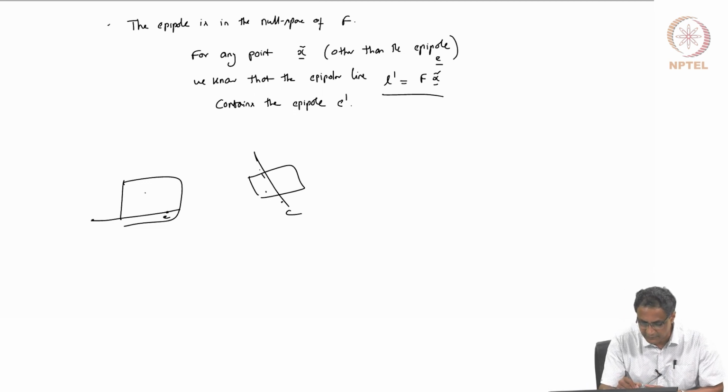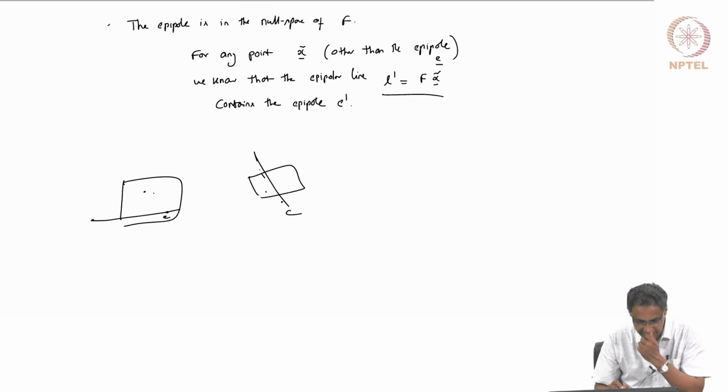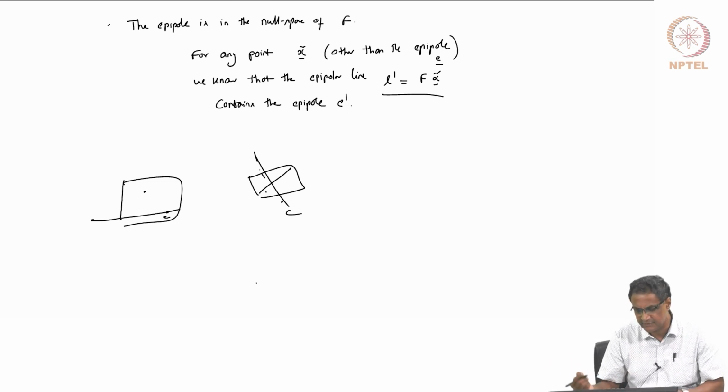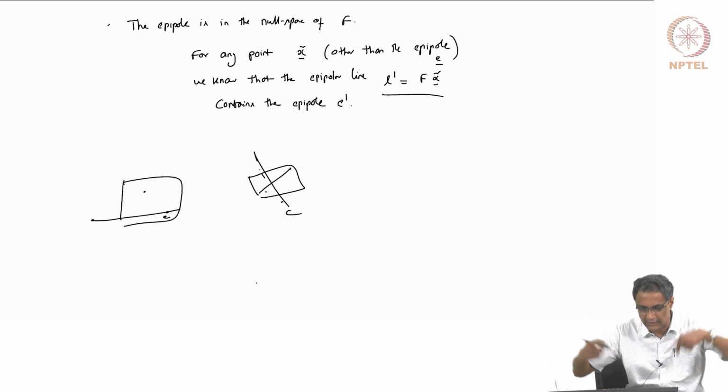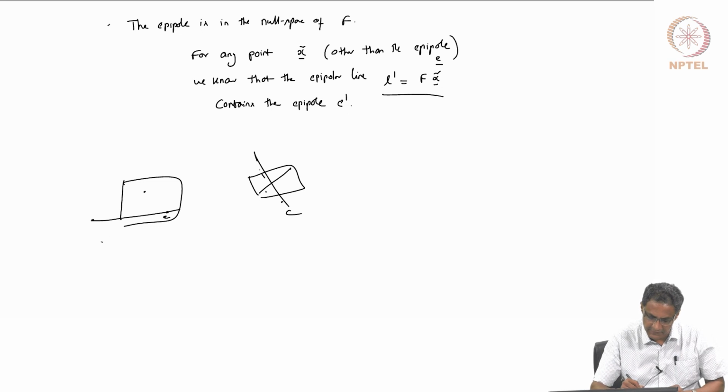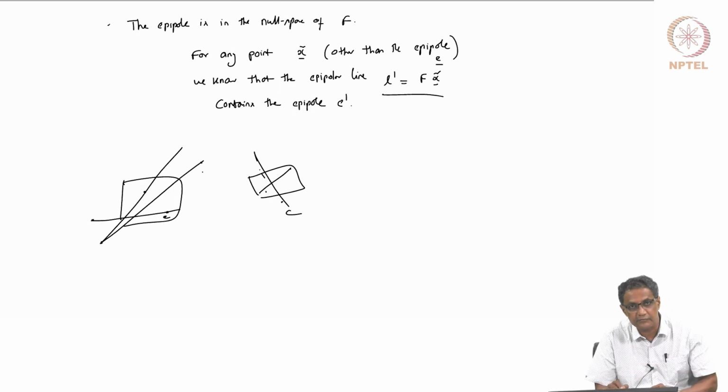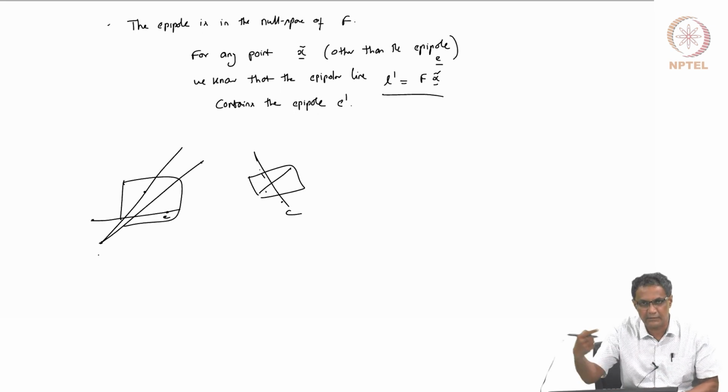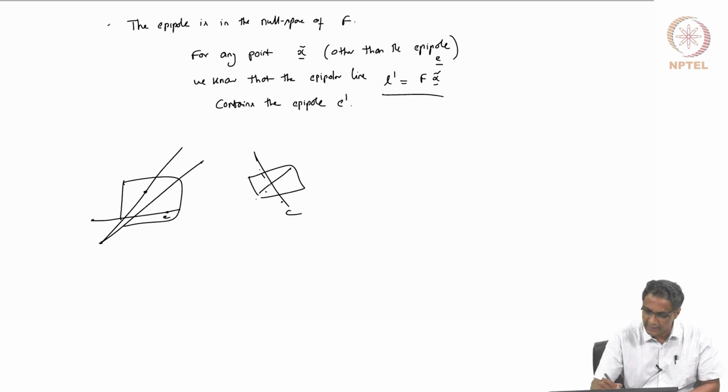Because any point you take here will give you an epipolar line here, and because all rays, wherever they come from, pass through the camera center. For example, you have the camera center here, there is a ray that's coming here, because of which you have a point here. There could be another ray which comes from there, that also has to come through the camera center. Therefore, for this point you may have an epipolar line, and for the other point you may have an epipolar line.